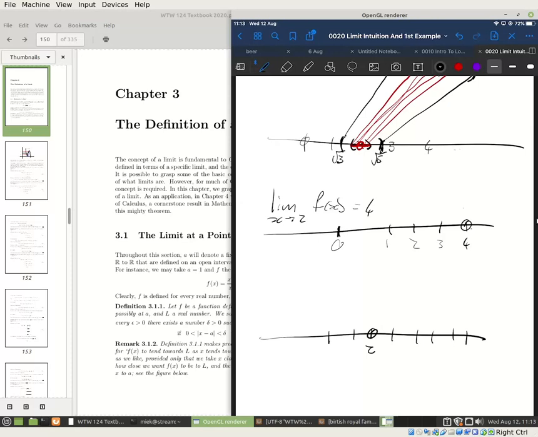So if you look at a very tiny interval around 4, a million is 10 to the 6th, 10 millionth is 10 to the minus 7. So if we look at a very tiny interval around 4, 10 to the minus 7.